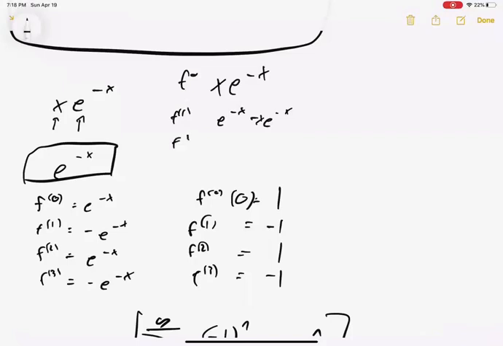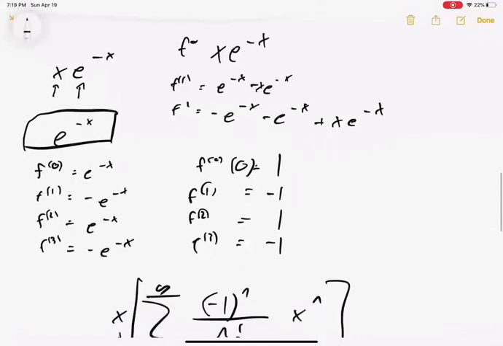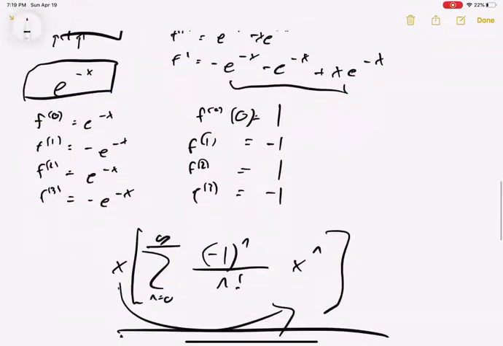Okay, and then f2 would be negative e to the negative x minus e to the negative x plus x e to the negative x. And we can see it's going to get out of control with this product rule, right? So it's a lot easier to just consider this term by itself, find that power series, and then multiply by x at the end.